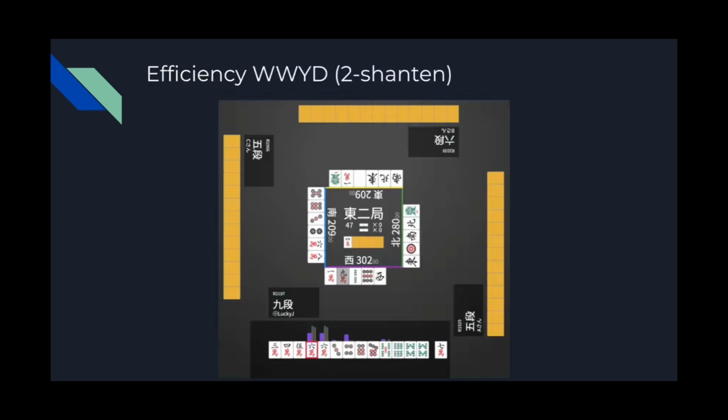Quite a few different answers. The choice Naga goes with here is the 6-mon. Nishiki's a little unsure. Nishiki also considers 4-pin as an option, but Kagashi is very sure that we should go for the 6-mon. And this is just another efficiency discard.